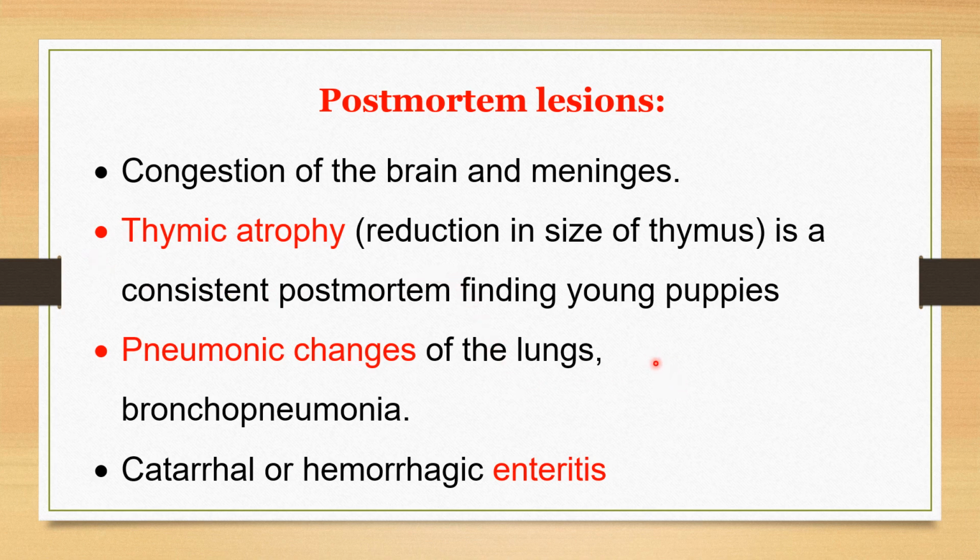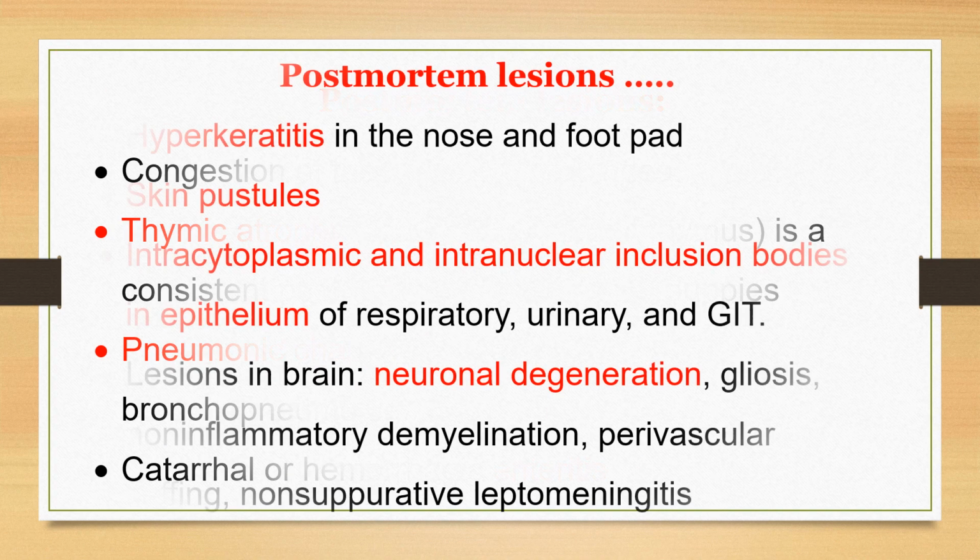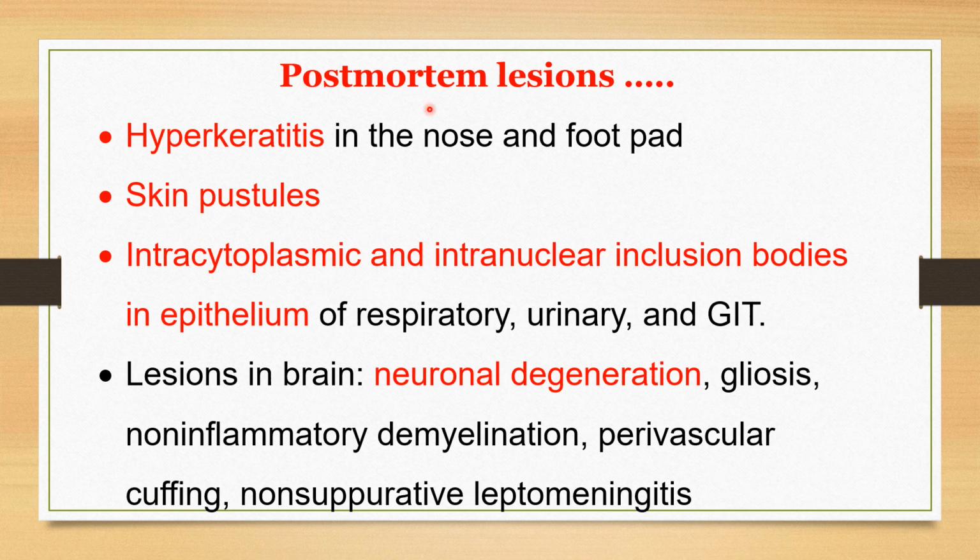There are pneumonic changes in the lung, especially interstitial pneumonia. Common finding is the bronchopneumonia, and another common finding is the catarrhal or hemorrhagic enteritis. Continue the postmortem lesions.